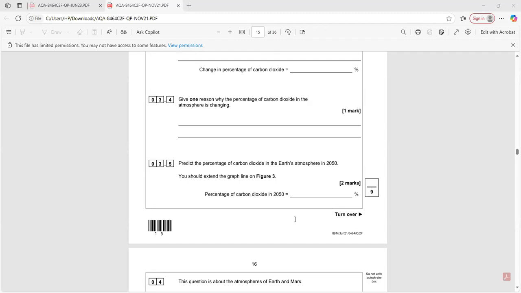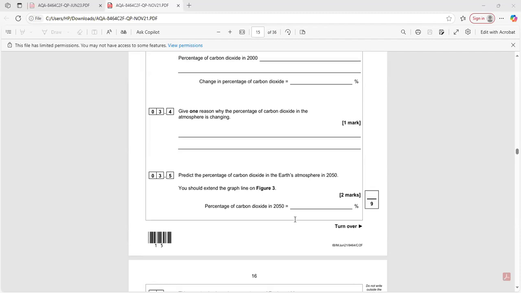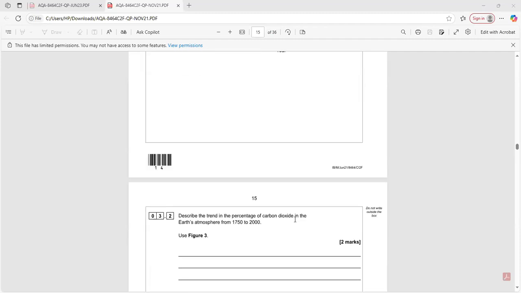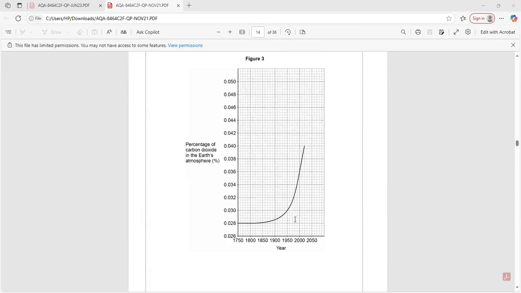Okay, so the next one says, predict the percentage of carbon dioxide in the Earth's atmosphere in 2050. You said you should predict it. Is it not possible to read it from the graph? Oh, they said we should predict it. So if we were to predict it, we have to extend the graph upwards, right? Yes.